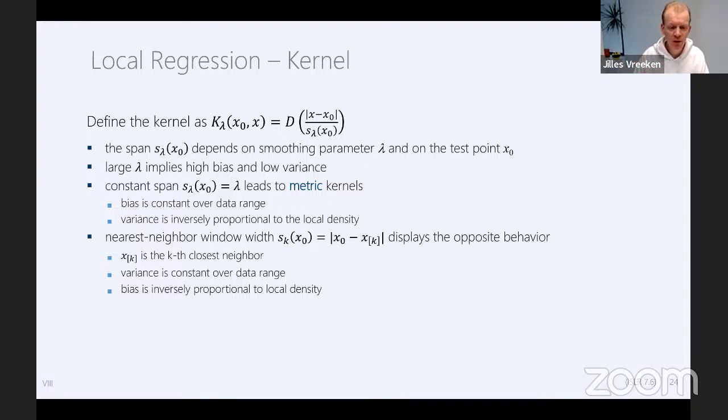So the nearest neighbor window width, also consider this S of k, also has a certain span, which is essentially the distance of the query point to the kth neighbor. Interestingly enough, this has the opposite behavior. The variance is going to be constant over the range because we essentially look over the entire window. But the bias is going to be inversely proportional to local density, because where we have lots of data, we have a very small window.